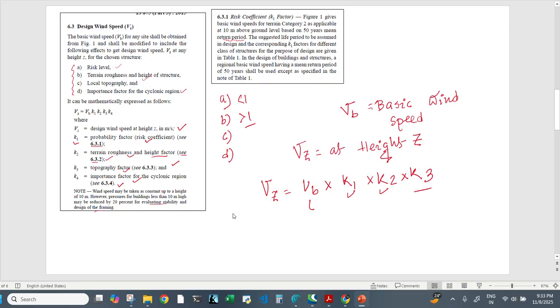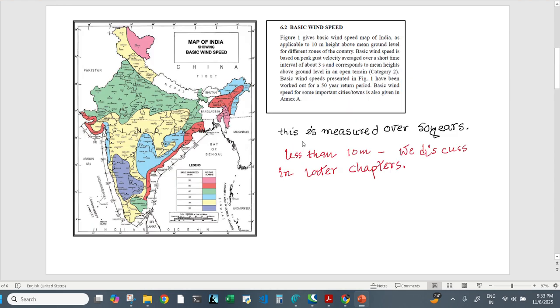For less than 10 meters, we decrease the Vz value by 20%.